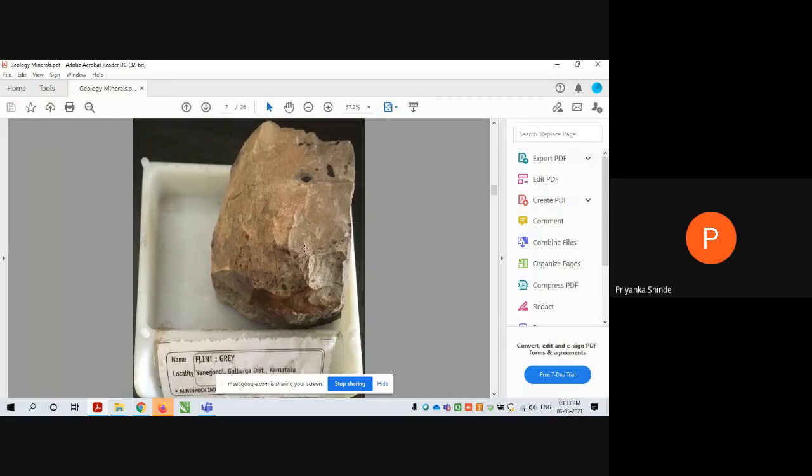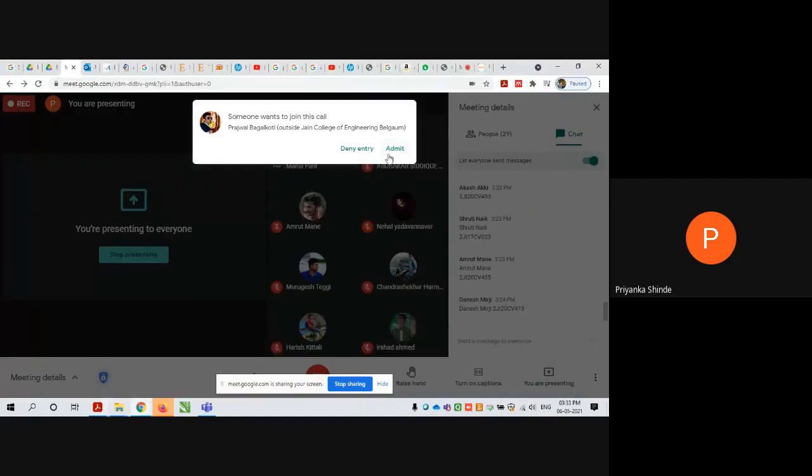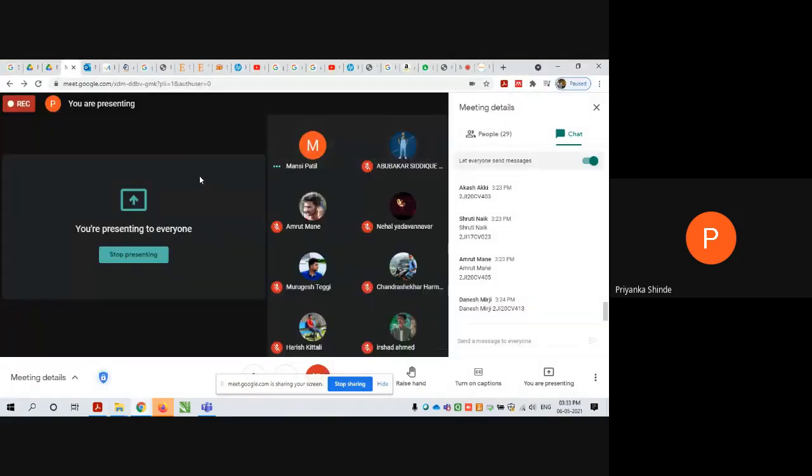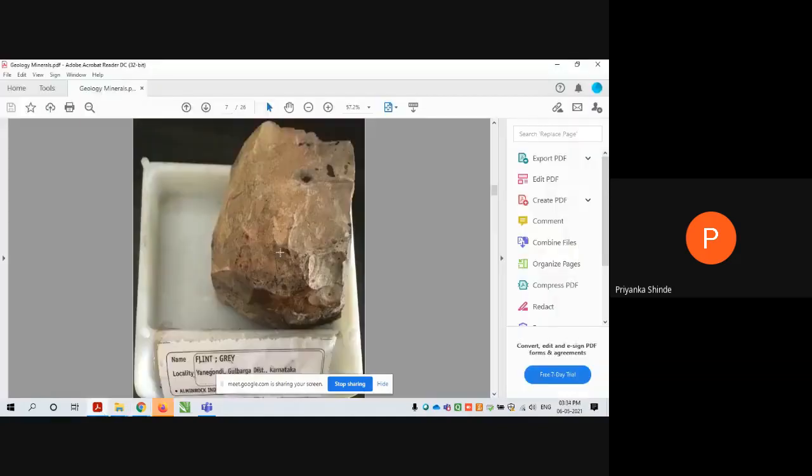Then next is hardness. This is a number which is represented in a hardness box, that is, the Mohs scale of hardness. In this hardness box, the softest mineral is talc, then gypsum, then calcite, fluorite, apatite, then orthoclase feldspar, then quartz, topaz, corundum and diamond.